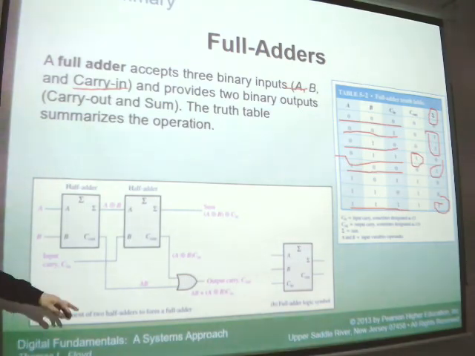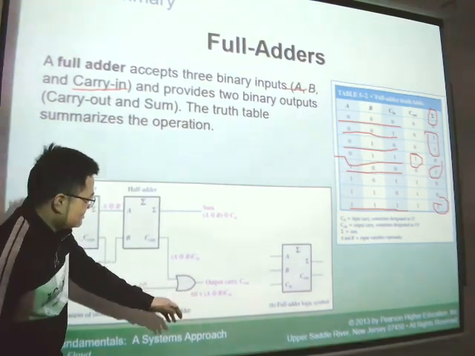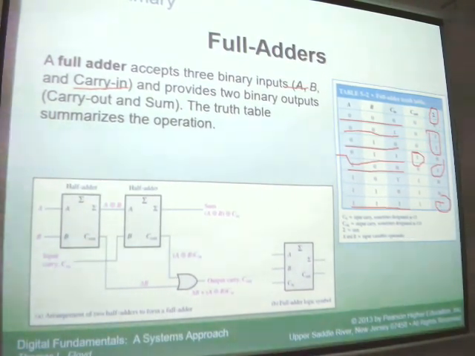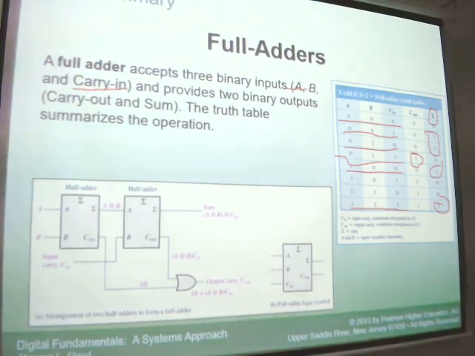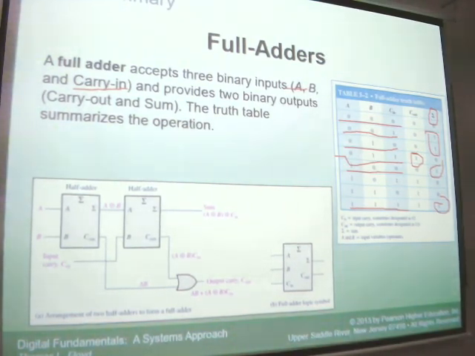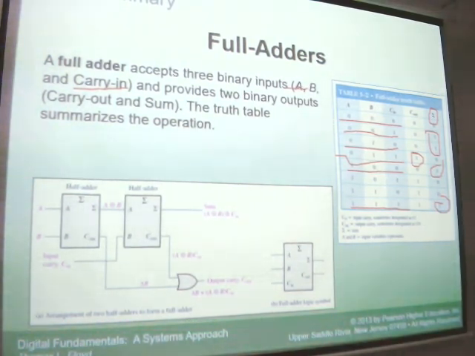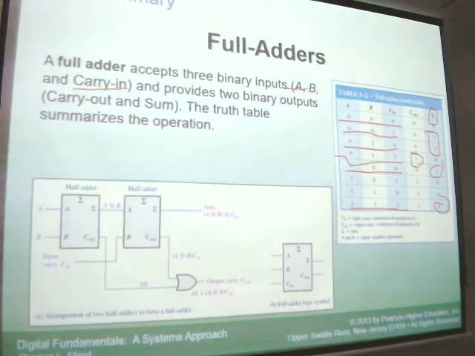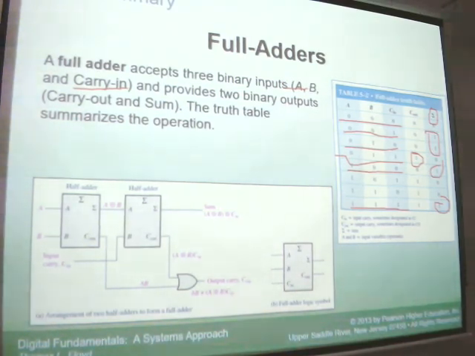And the answer is this: AB plus A XOR B, and C in. Why? Because it doesn't use the Karnaugh map to simplify the expression.